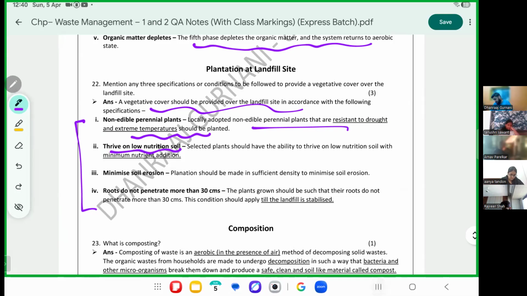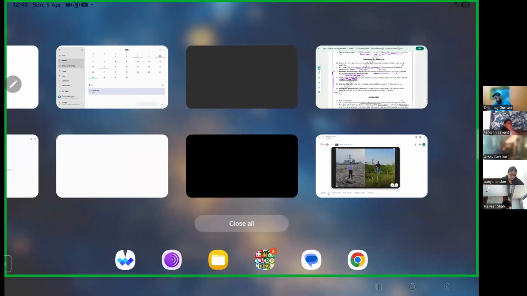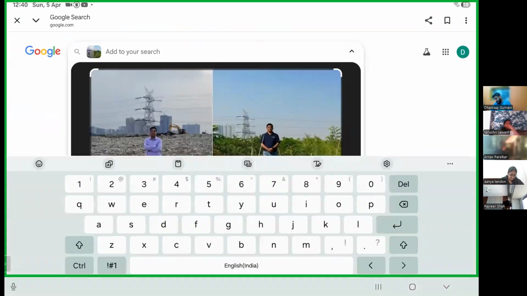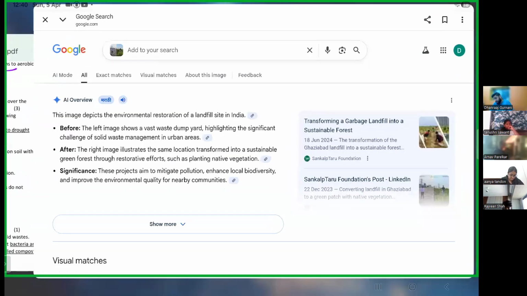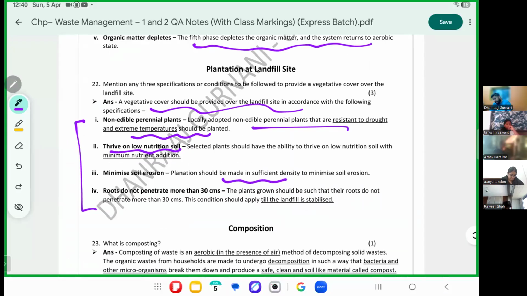Plantation should be made with sufficient depth so it does not cause soil erosion, and the roots of the plant should not go more than 30 centimeters.